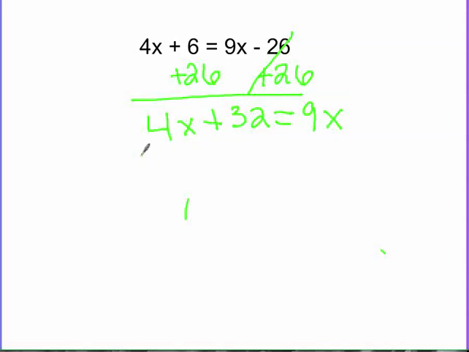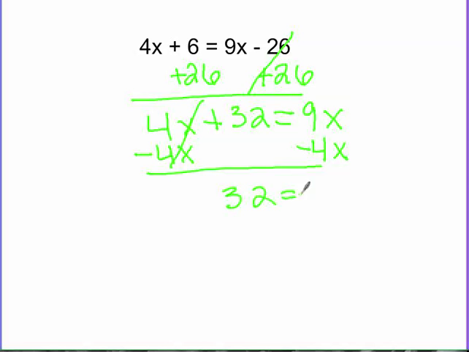So now if it's positive, I'm going to do the opposite and I'm going to subtract. So now I would get 32 equals 5x. Divide by 5 is the final step, so x equals 32 fifths.